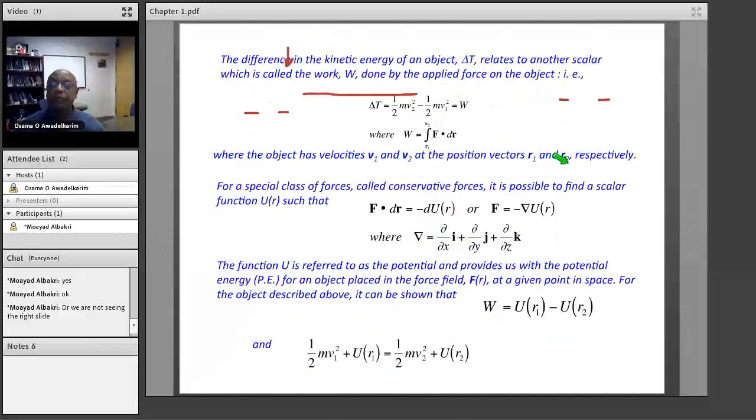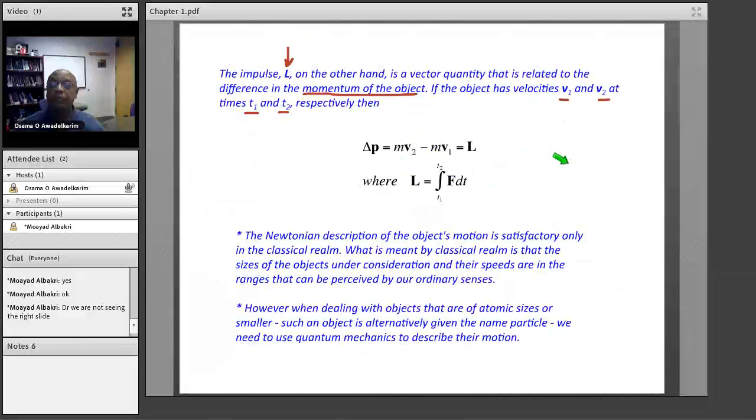Now here, observe that we're talking about an object which has velocities v1 and v2, but at times t1 and t2. Then the difference in the momentum, which is a vector, since momentum is a vector, so the difference in two vectors is a vector too.